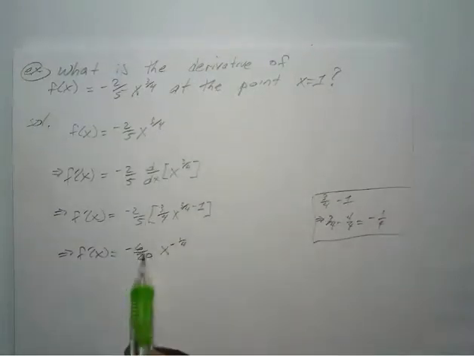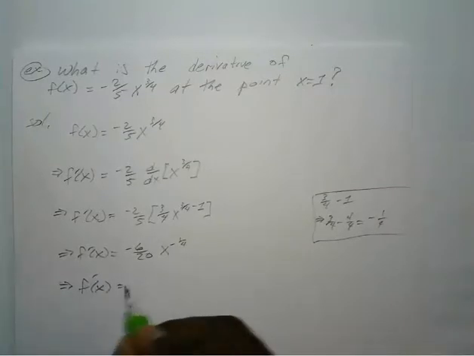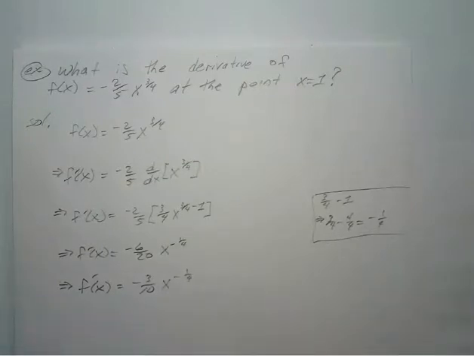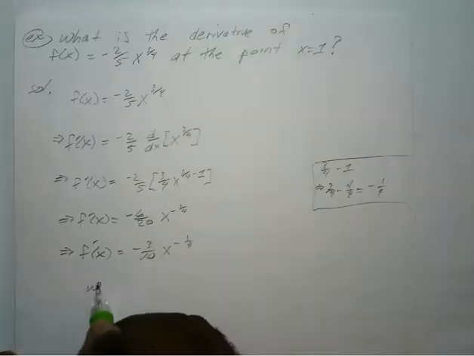Or we can go ahead and simplify that fraction, so our derivative is equal to negative 3/10 times x to the negative 1/4. Now that we found our derivative, we go ahead and plug in our 1.